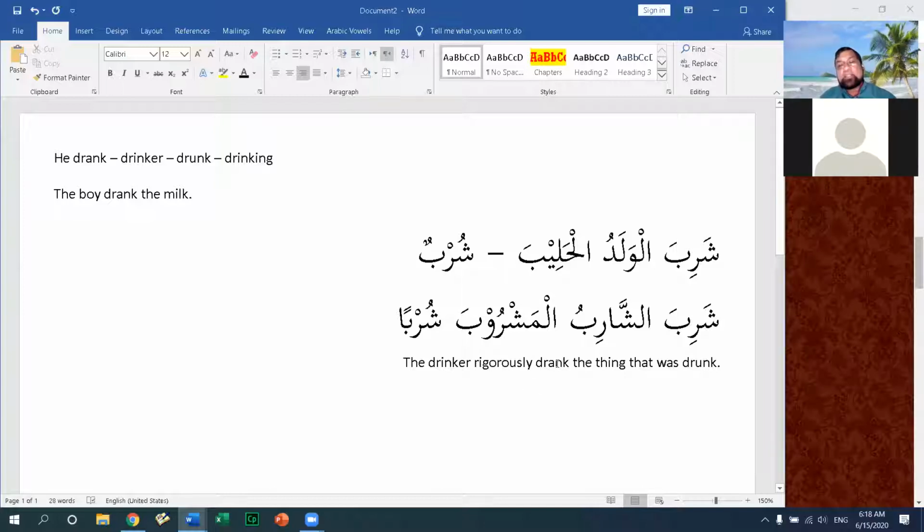It describes how the drinking was done, which is exactly what the masdar is used for here. So we want to say that the person was drinking it and he was really going at it. And that's one of the usages of the masdar, to emphasize the action of the actor.